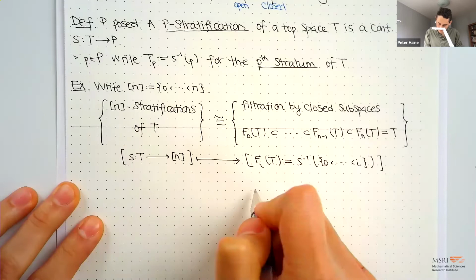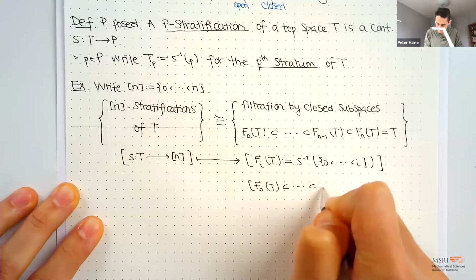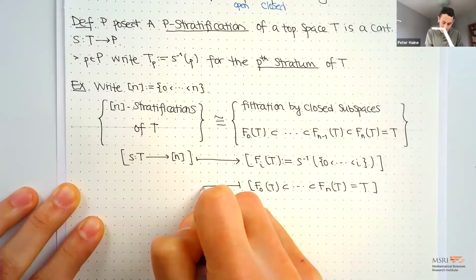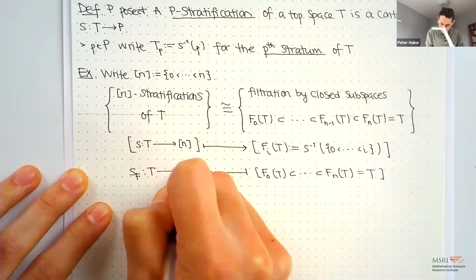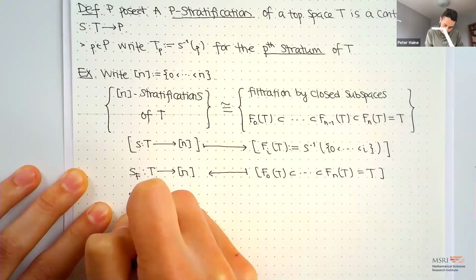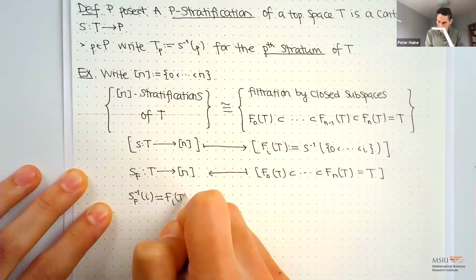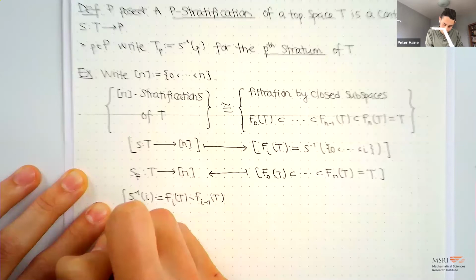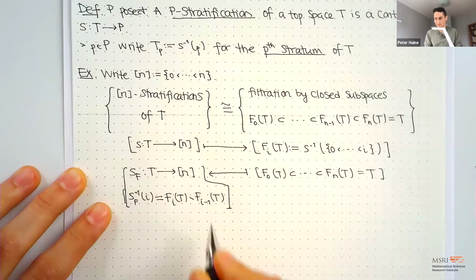And if I'm given one of these filtrations, then there's a corresponding stratification to [n] that, one can easily check, is continuous, and it's characterized by saying that the inverse image of i is equal to F_i minus F_{i-1}. And when i is 0, by this I just mean empty.